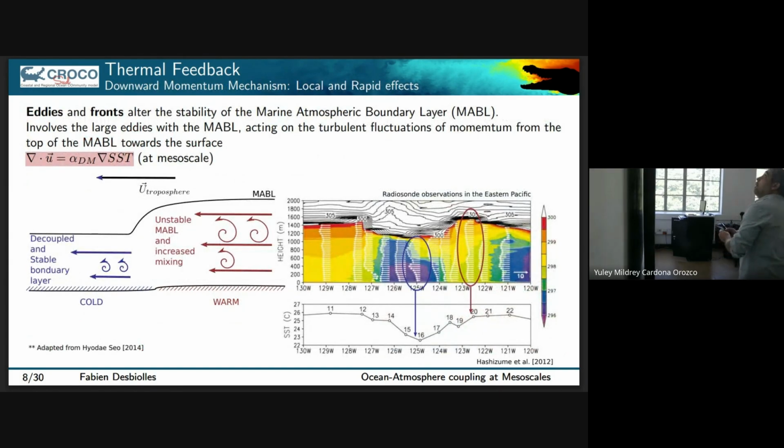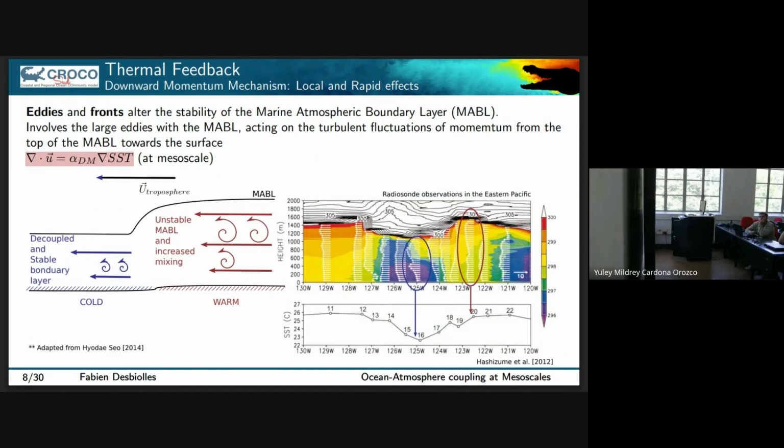This is a specific process called the downward momentum mechanism. Practically, the eddies in the front of the ocean alter the stability of the marine boundary layer, so the atmospheric boundary layer above the sea.